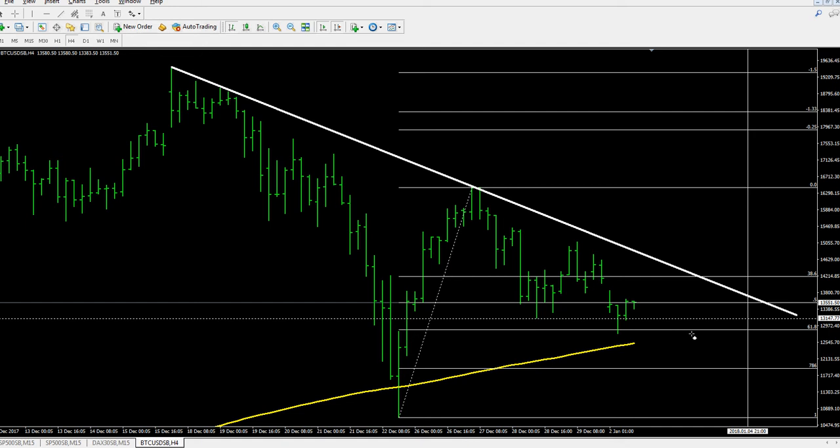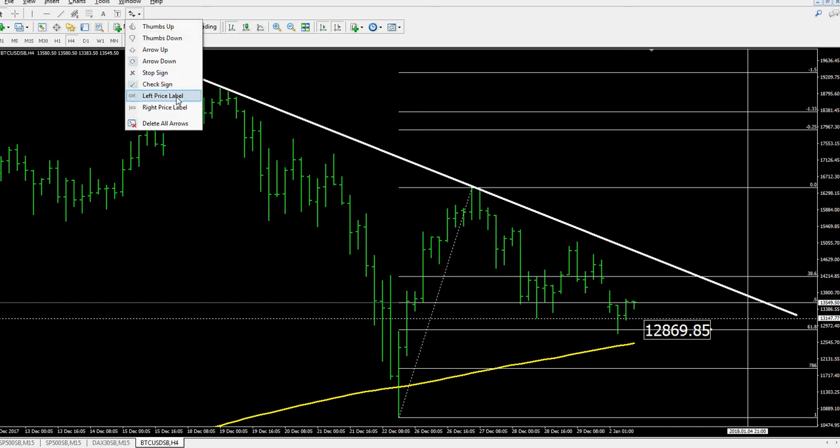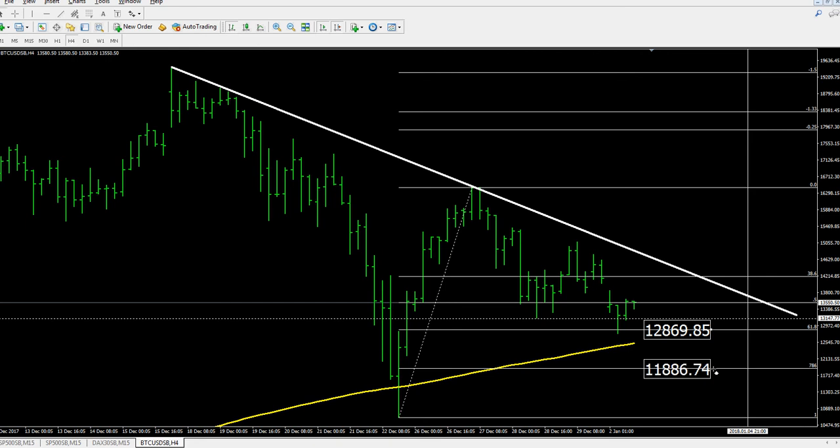You can see that we've already touched the 61.8 level, which was just here. And we haven't got really too much of a bounce off it. And the other level is the 78.6, which is this one here.